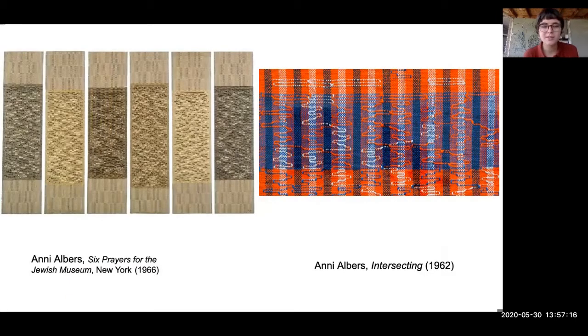All right, here's a few works by Annie Albers. Annie Albers was a part of the Bauhaus movement in Germany, who then later became a part of the Black Mountain College here in America, both of which were schools in which artists kind of built their own way of learning.